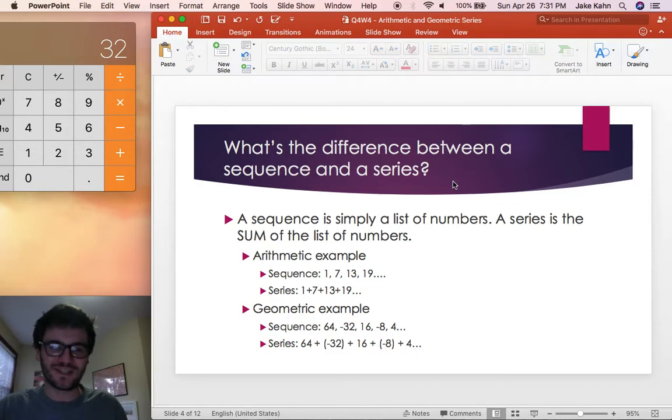A geometric sequence could be 64, negative 32, 16, negative 8, 4. You're multiplying by negative 1/2 in between each number. If you wanted to make that a series and find the sum of it, just add plus signs in between each number. 64 plus negative 32 plus 16 plus negative 8 plus 4. That's the difference, that's it.